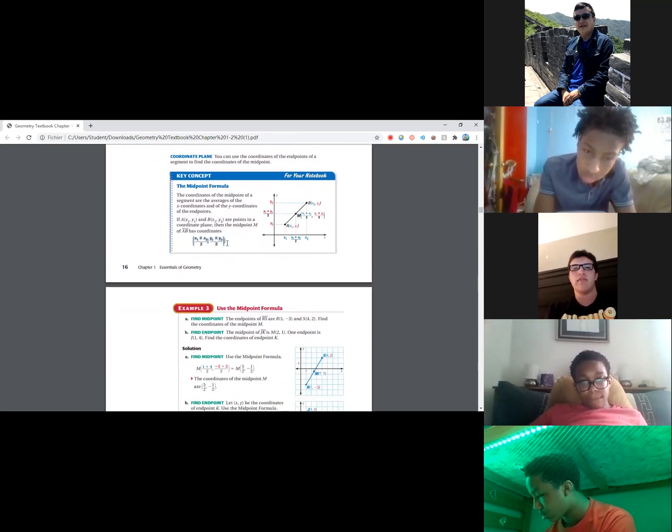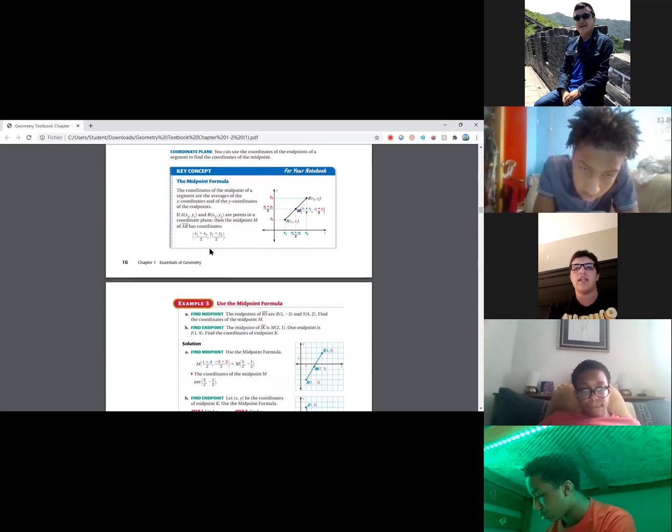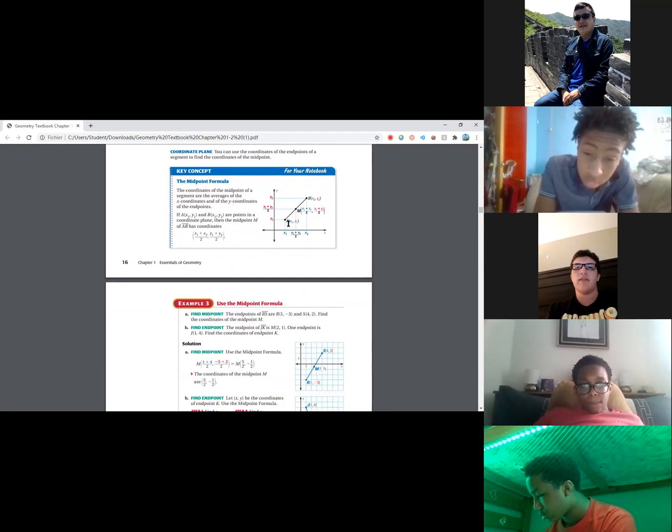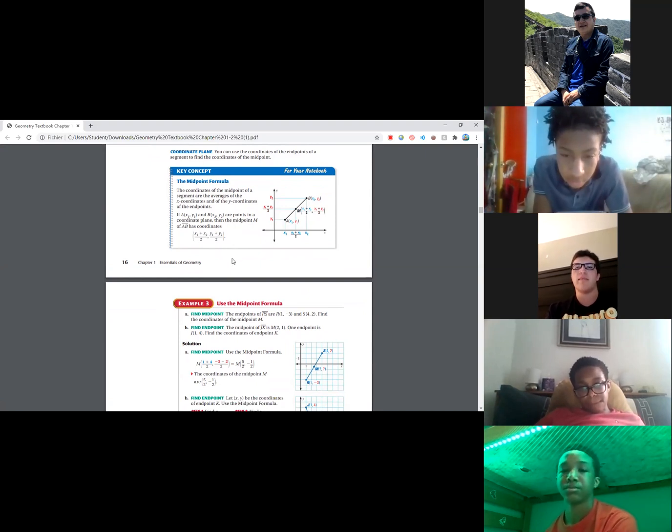If they're finding the midpoint between A and B, with A at x1, y1, and B at x2, y2, they added the x values of both points and divided by 2, and added the y values of both points and divided by 2. That should give you the midpoint of the line.